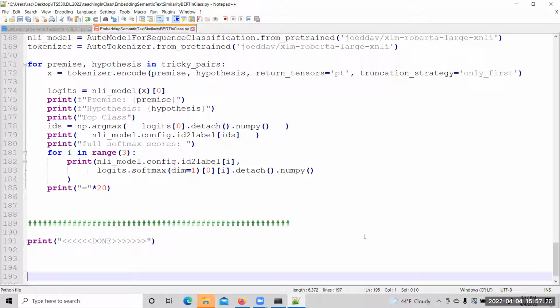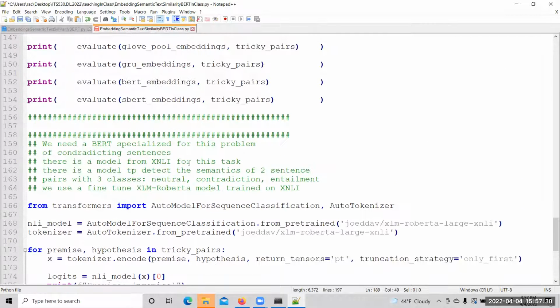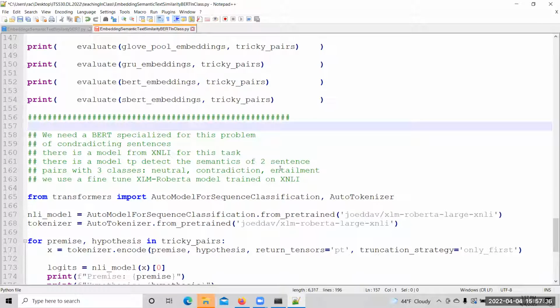Okay, so here we're gonna try a transformer, but we're gonna need a specialized BERT again, right? So we're gonna need a fine-tuned BERT. So we need a BERT specialized for this problem of contradicting sentences. Now there is a model from XNLI for this task.